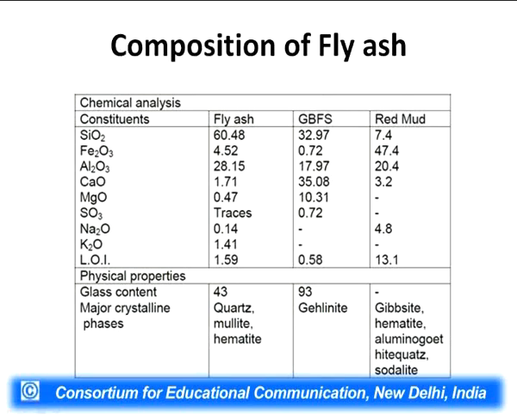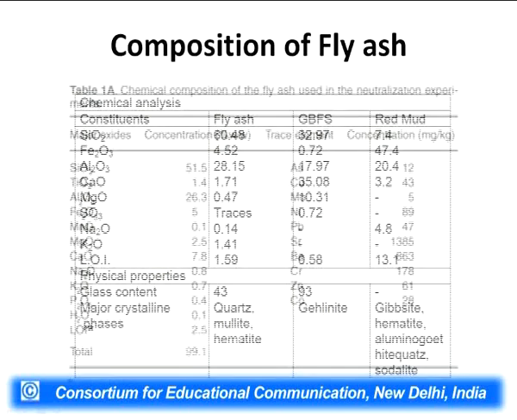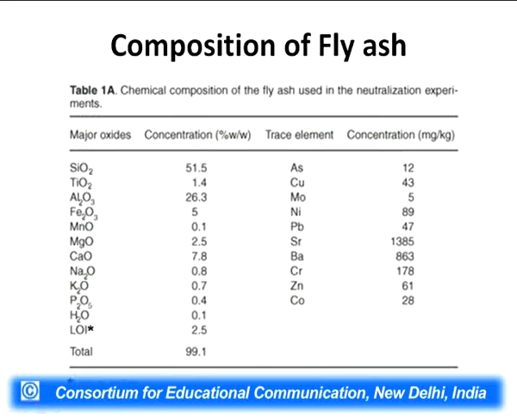As far as some physical properties of fly ash are concerned, we can say that the glass content of fly ash is around 43% in total, and the major crystals we can observe in fly ash are quartz, mullite, and hematite.